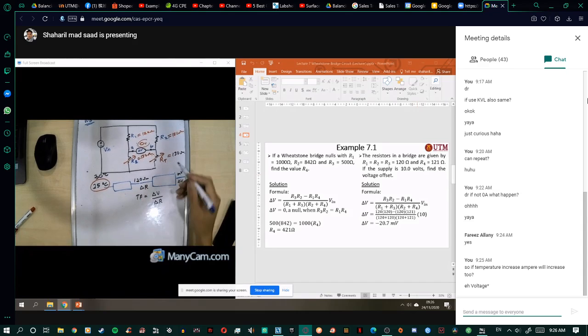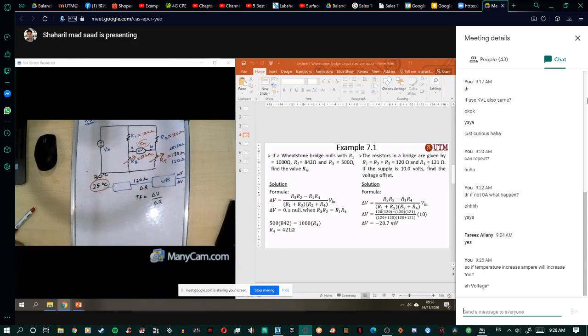For example, the initial value is 120 ohm, then it changes by 30, so delta R is equal to 30 ohm. So your Wheatstone bridge depends on the change of resistance, and the output will be delta V.